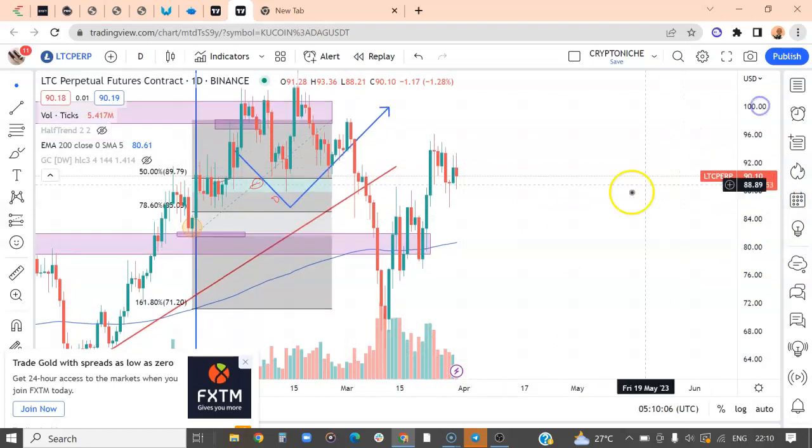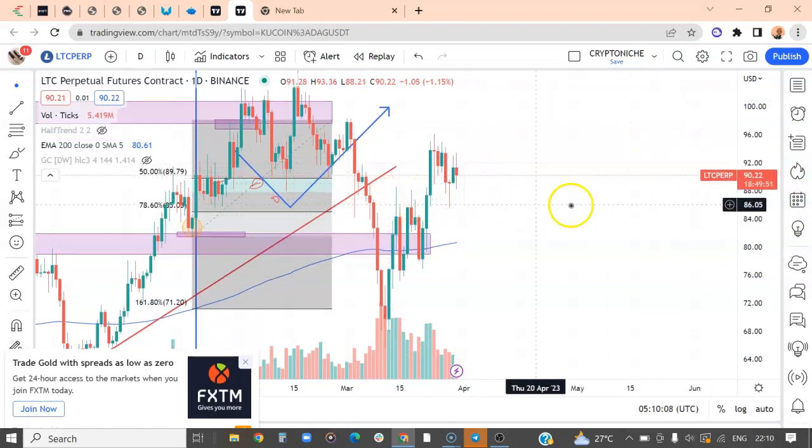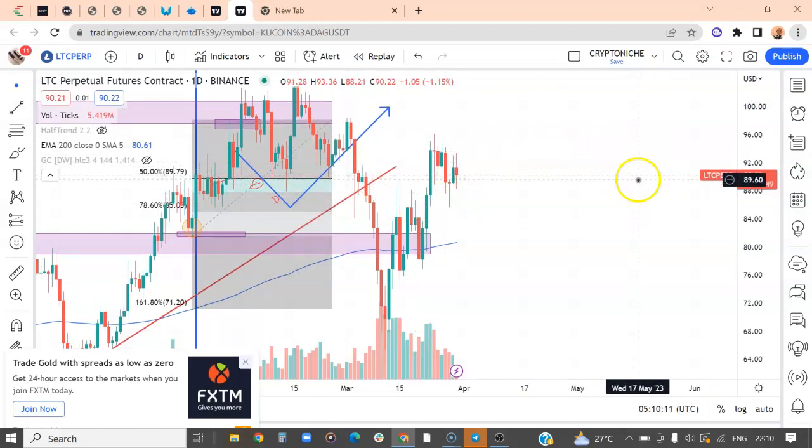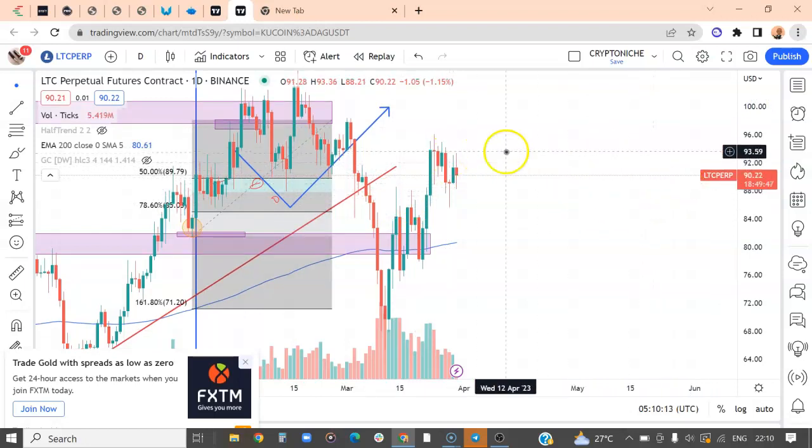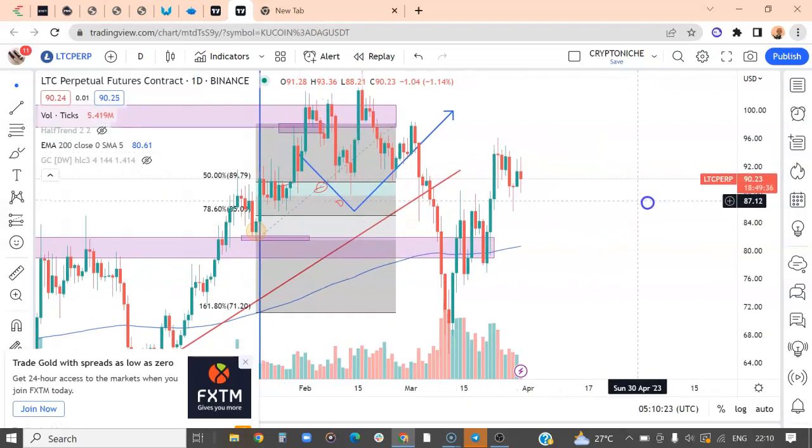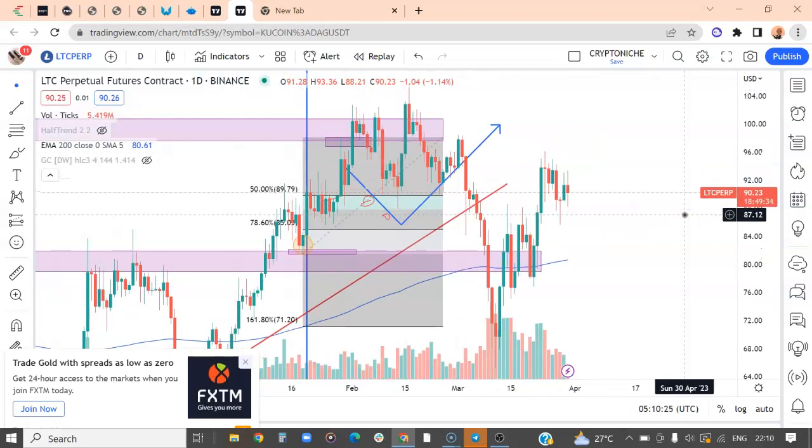That's a strong indication that after this bearish flag is fully formed, there is a high chance that we're going to be going higher in price. These are things we need to put very much into consideration.